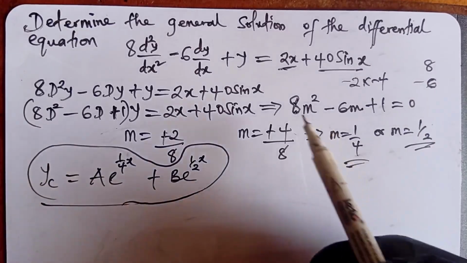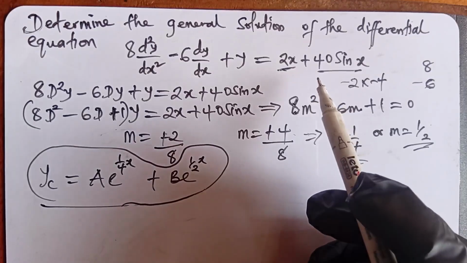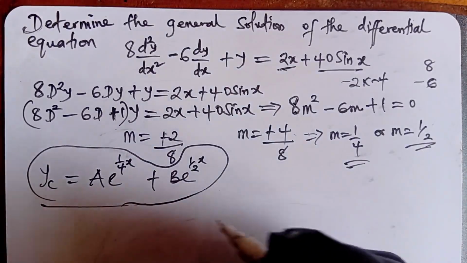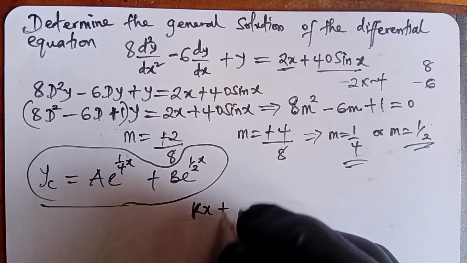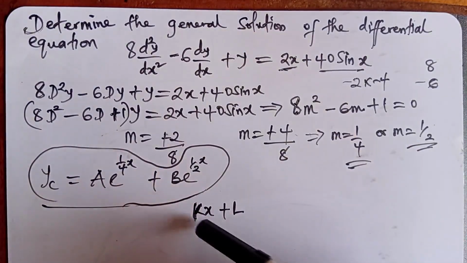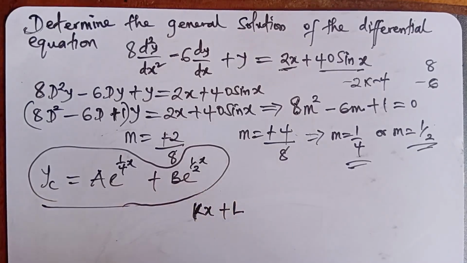So what will be the particular integral of 2x, for example? 2x is an algebraic function of x that has the power of 1. So the particular integral for 2x should be kx plus, let's say, l. That's how we assign for 2x. And if it is 2x squared, it's going to be kx squared plus lx plus, let's say, n. You get it?